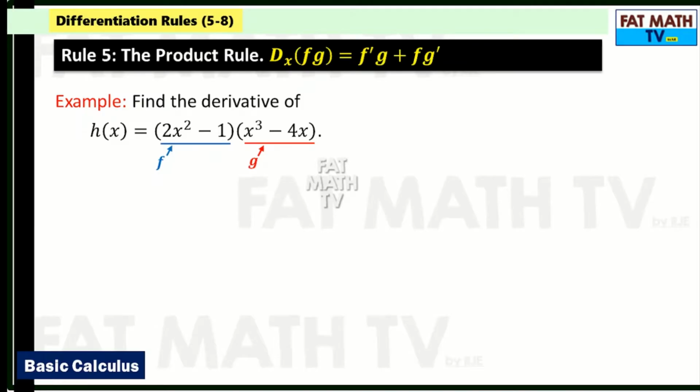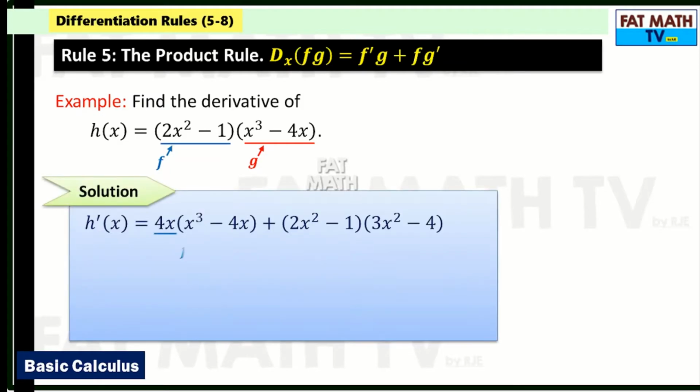The derivative of 2x squared is 4x. The derivative of 1 is 0. That's why we have here 4x times g. So g is x cubed minus 4x.